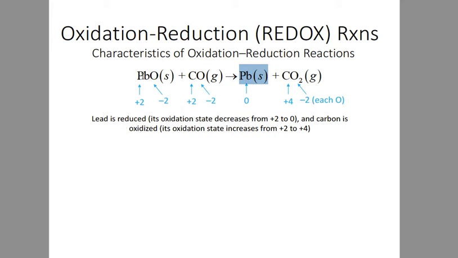So the lead is reduced. Its oxidation state went from +2 to 0. And the carbon went from +2 to +4. This is oxidized, right? Oxidation state increased. We went up. The numbers went up. So it is going to be oxidized. These numbers went down, so they are reduced.